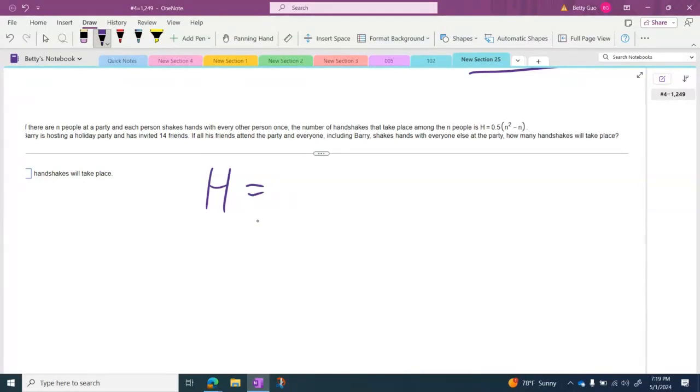So the function is given: h equals 0.5 times n squared minus n. We have two variables in the equation. The equation actually represents a function, but you don't have to worry about that. H is the number of handshakes.